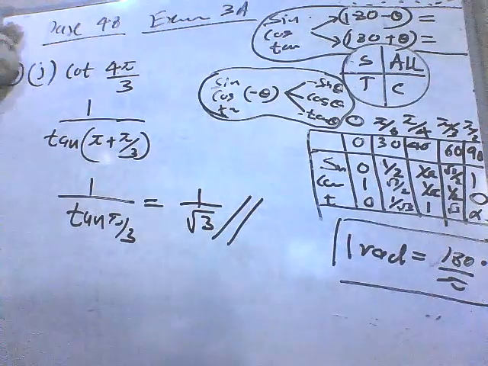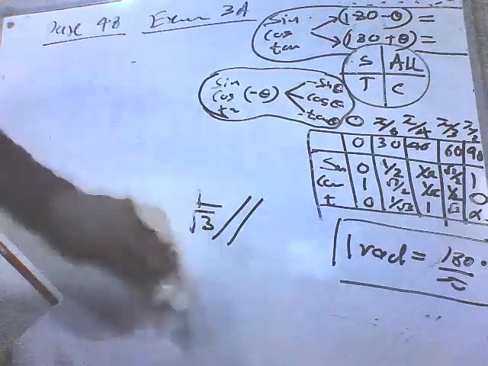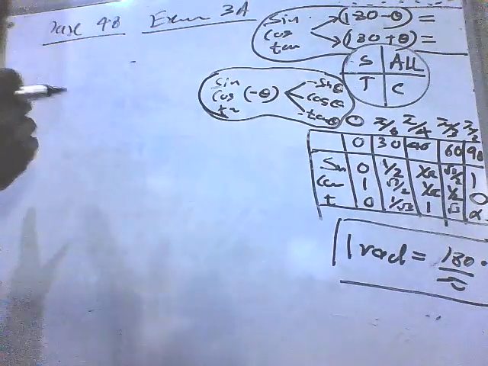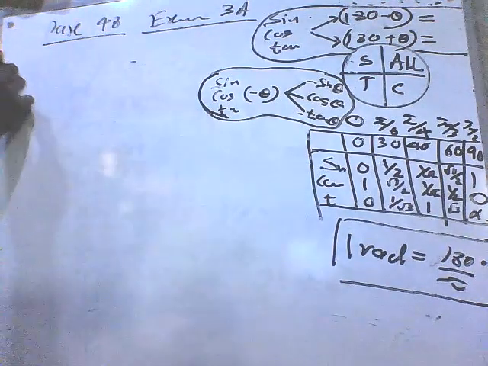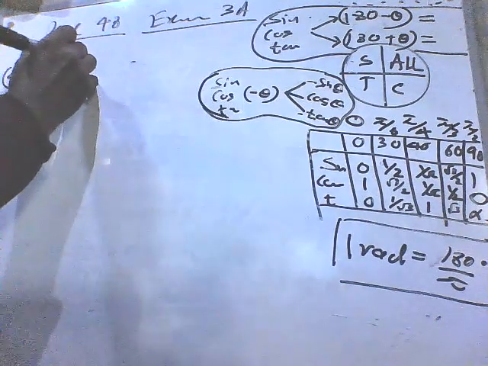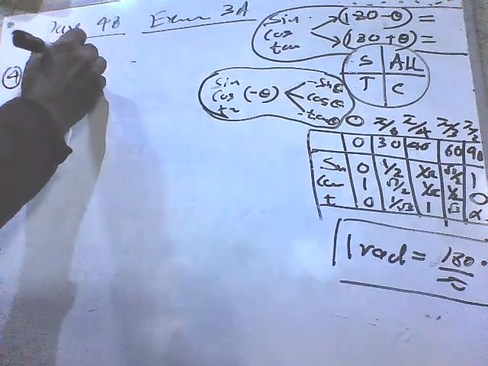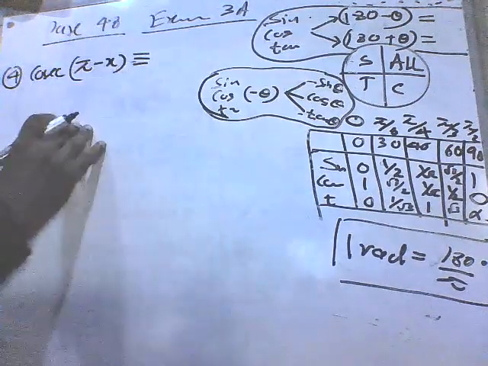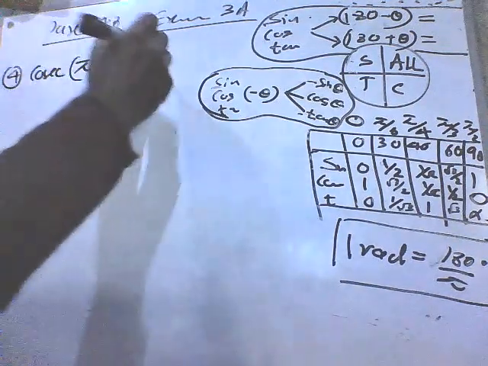Question 4, it says prove that cosec of pi minus x is equivalent to cosec x.